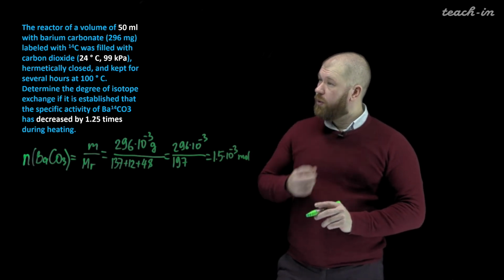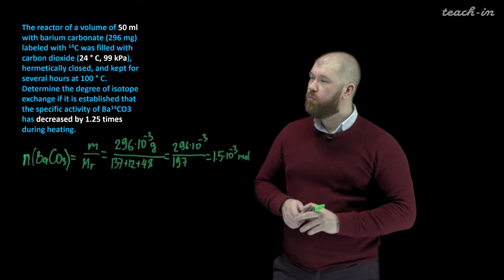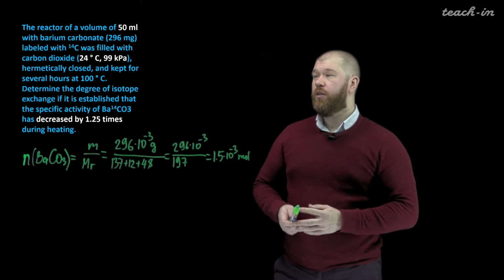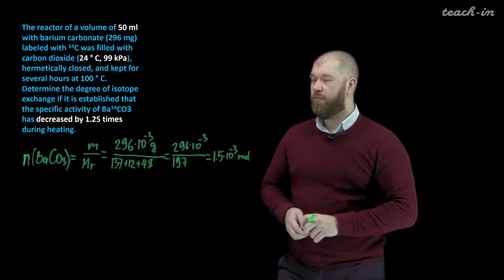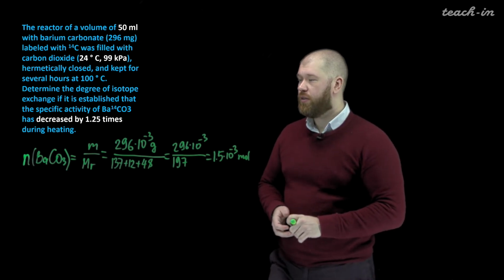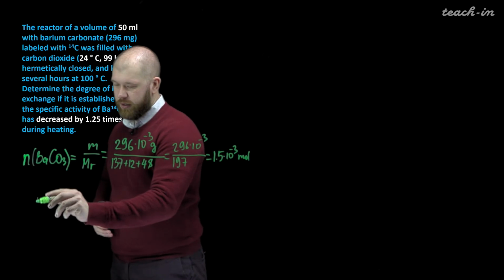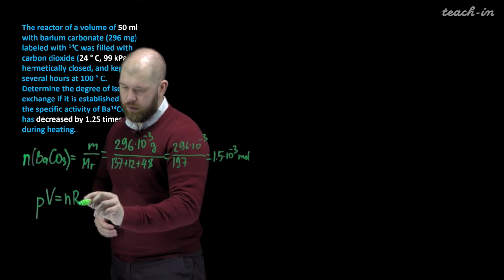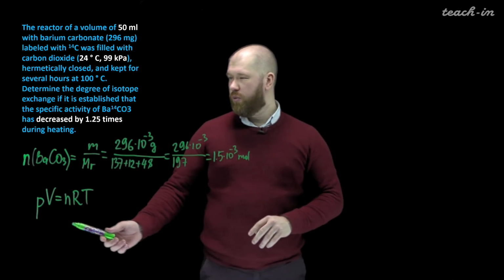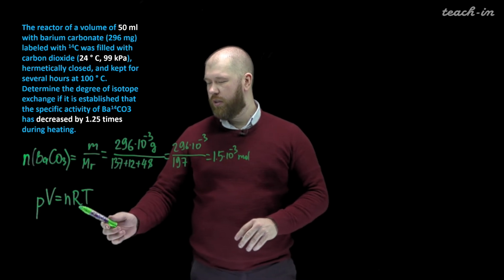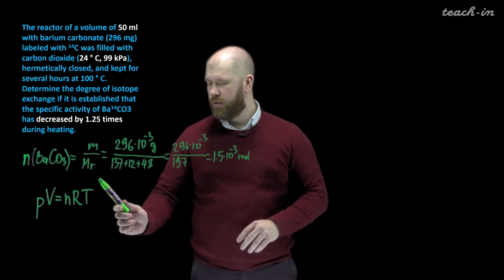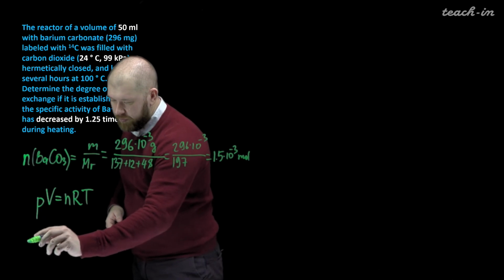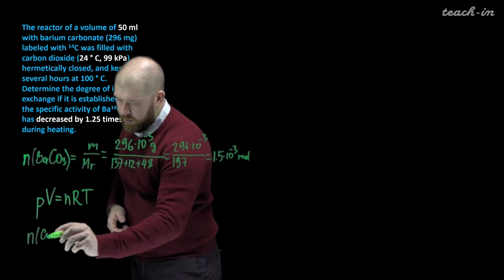What else do we know? We know the volume of our vessel or reactor. We know temperature, we know pressure, and thus we can find the amount of carbon dioxide gas by this equation. It is an equation where if you know the pressure, the volume, the universal gas constant, and temperature, you can find the number or the amount of CO2.